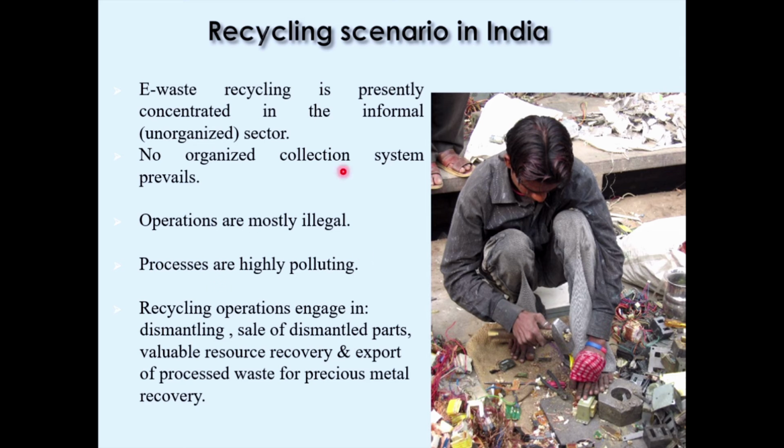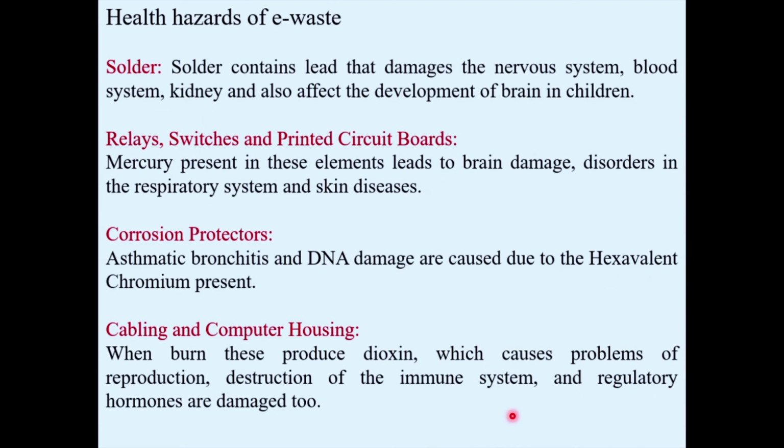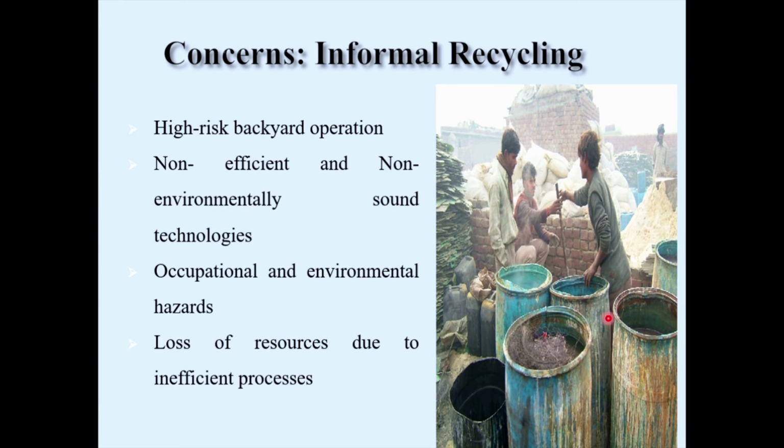So this is just information, not a part of your syllabus. This is how the unskilled person is doing it. These are the electronic gadgets. He is dismantling it and separating all the components of this. Later what he does is, he will dump everything in this drum, and then he will melt it by using some acids.